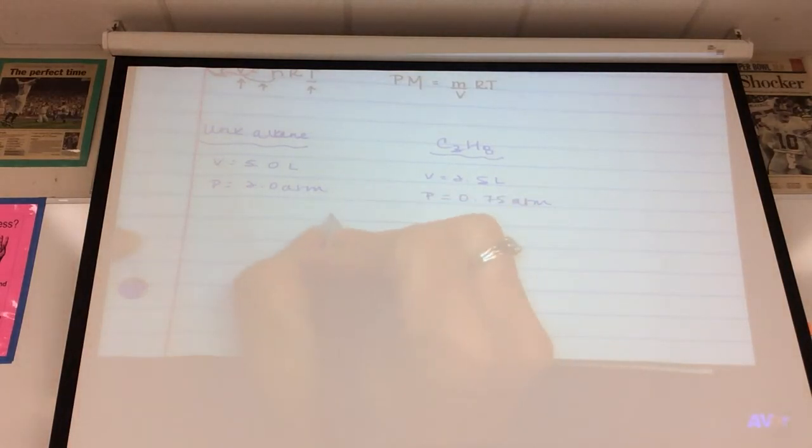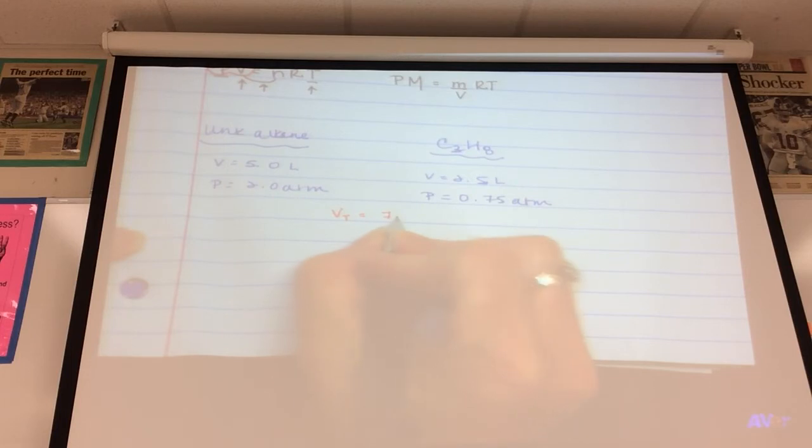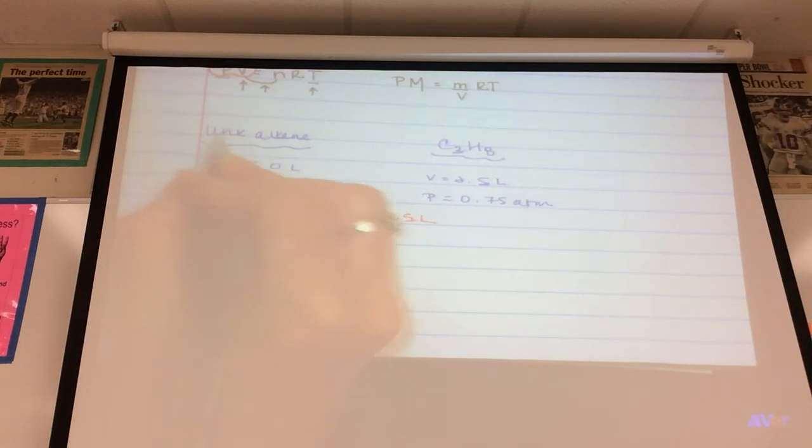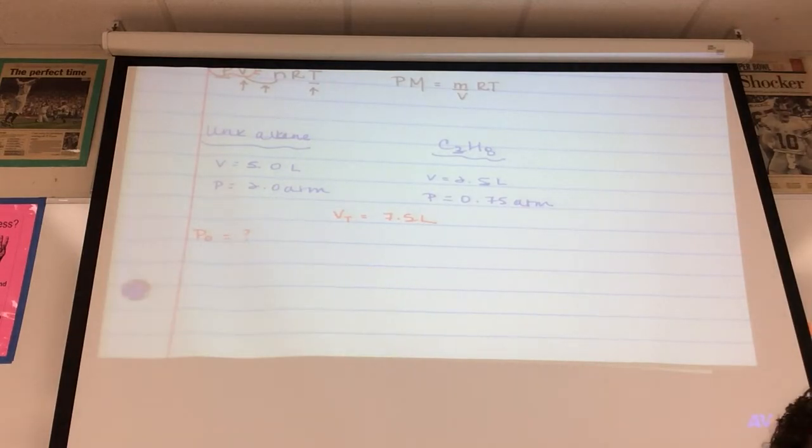The total volume when the stopcock is opened is 7.5 liters. How would you propose that we calculate the pressure of the unknown alkane in the open position?